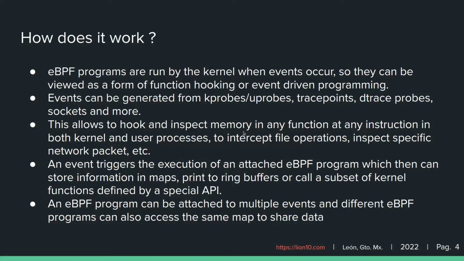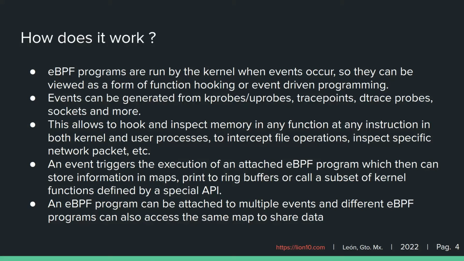eBPF programs are run by the kernel when events occur, so they can be viewed as a form of function hooking. Events can be generated from kprobes or user probes, as we'll see later on in the demo, trace points, dtrace probes, sockets, and more.